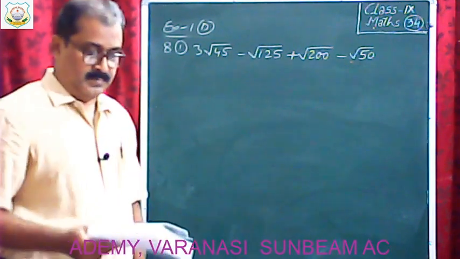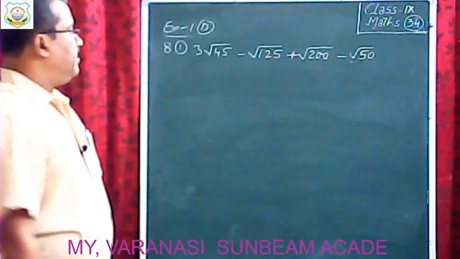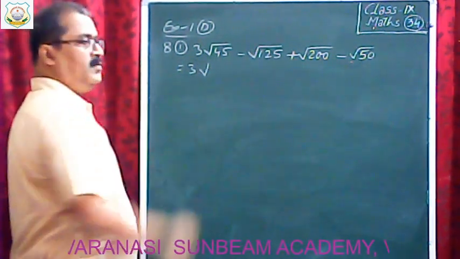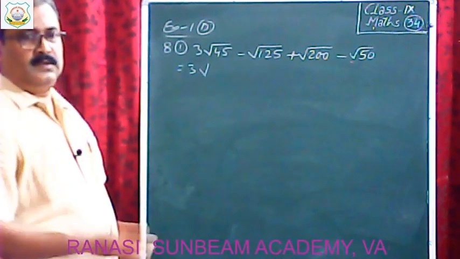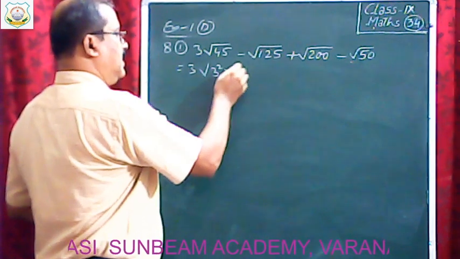Okay, simplify. 3 square root 45 means 3 into 3 square into 5. Directly also you can write.